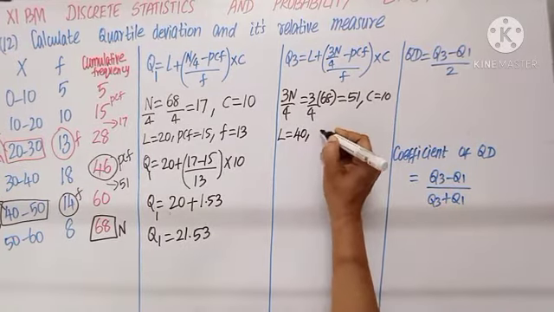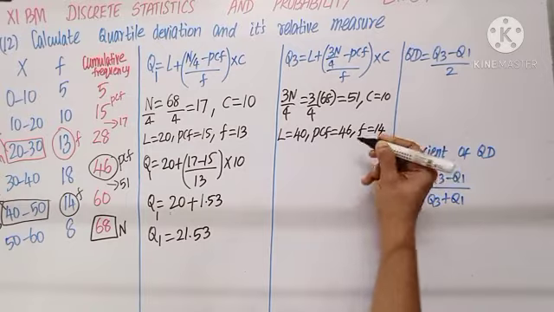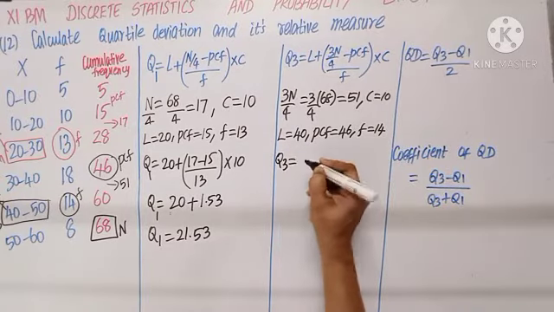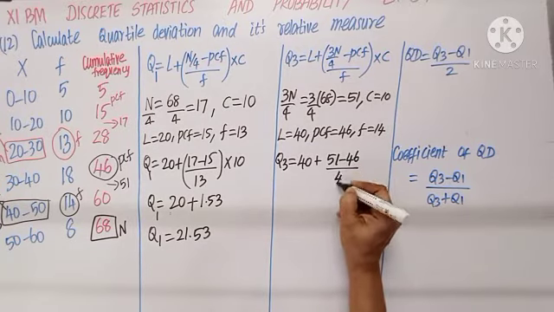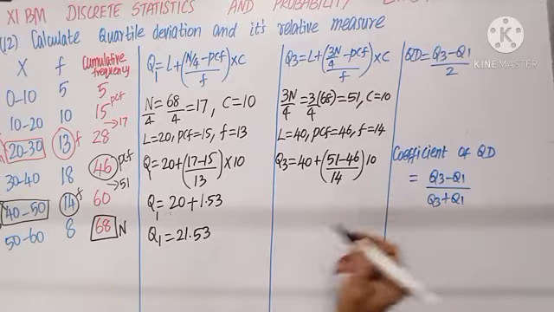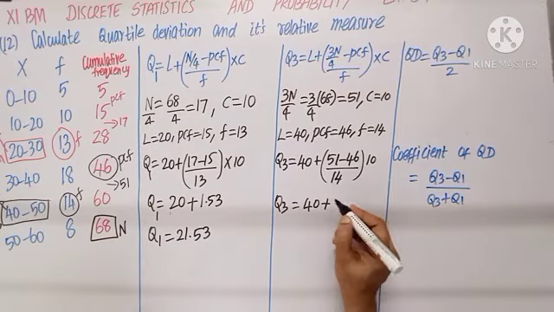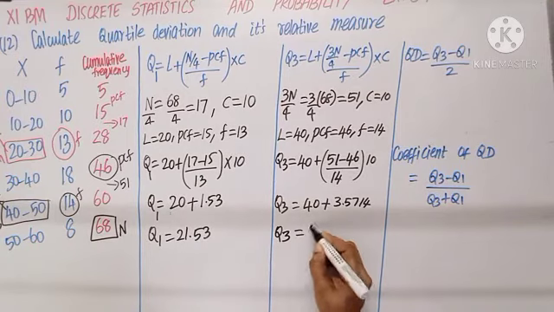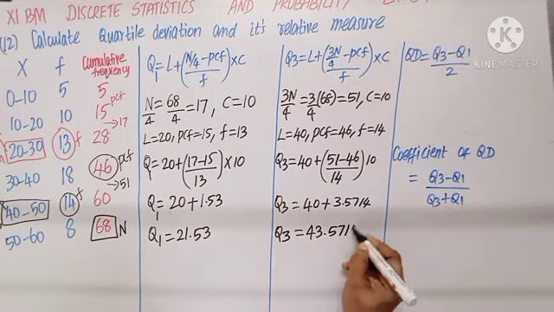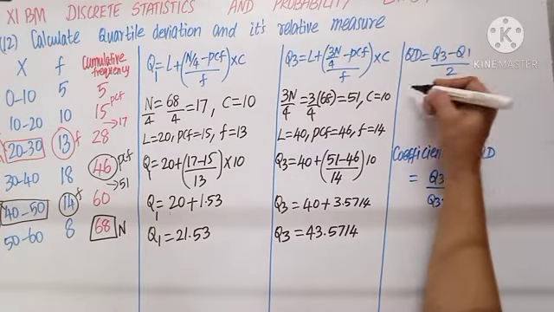L is 40, PCF is 46, F is 14. Substituting, we get Q3 equals 40 plus ((51 minus 46) by 14) multiplied by 10. It is 40 plus 3.5714. It is 43.5714.